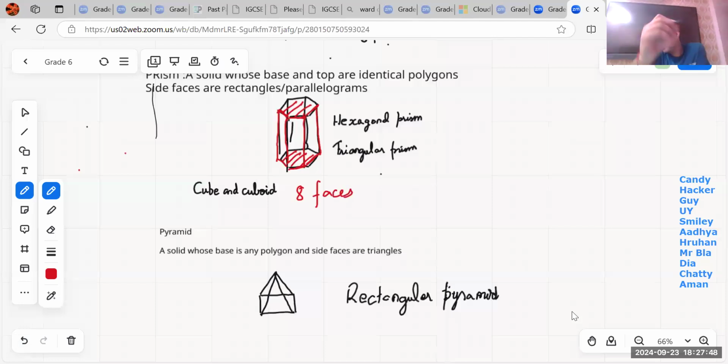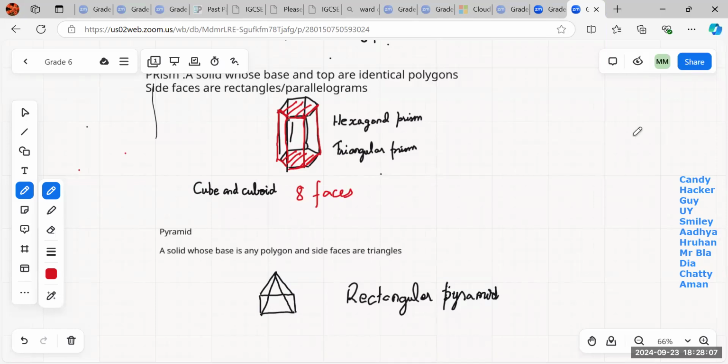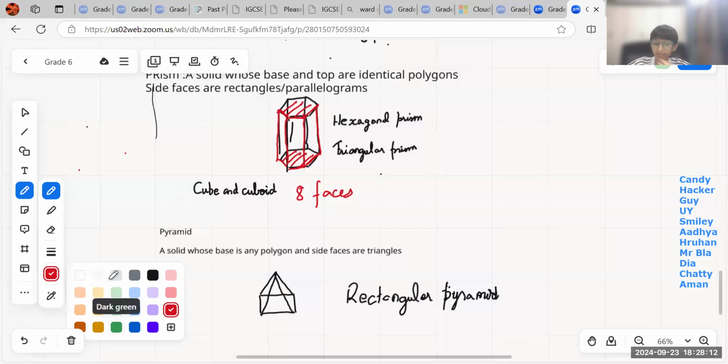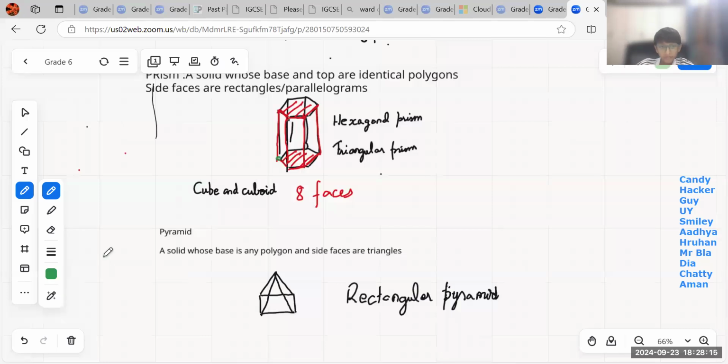What about the vertices? Who wants to give the answer? Raise your hand. 12. 12 is correct. So we have 12 vertices.